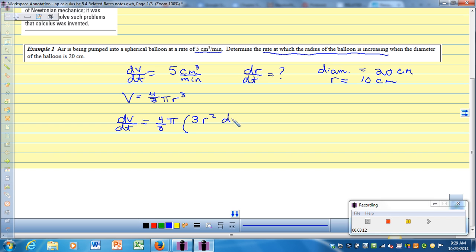Implicit, we're taking the derivative with respect to time, so we need chain rule or implicit differentiation there. And now we have an equation where we know dV/dt, we know r, we can solve for dr/dt. Do that now, please.